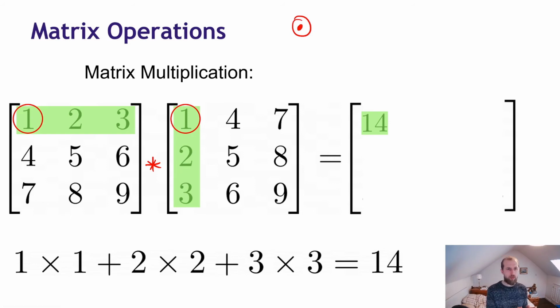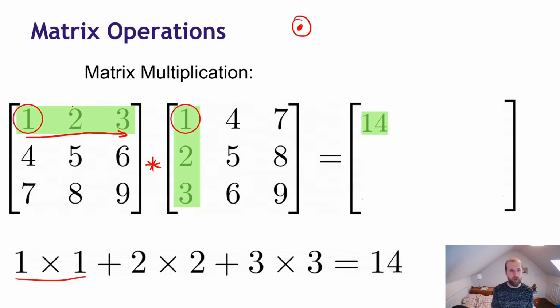Right, so for the matrix multiplication, we start off with the top row and the first column. We first multiply the 1 and the 1, and then we move across.